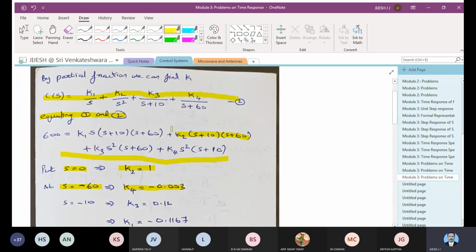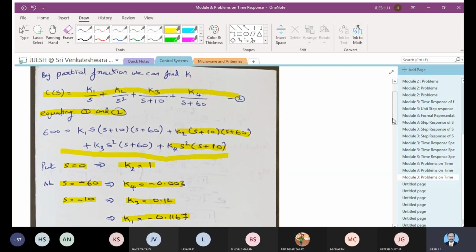The only term left is k4 s square into 1 by s plus 10. So when you put minus 60, you will get the k4 value. Similarly, you put s is equal to minus 10, you will get the k3 value. And when you get k2, k3, and k4, it is easy for you to find out k1. So this is what you have to do.